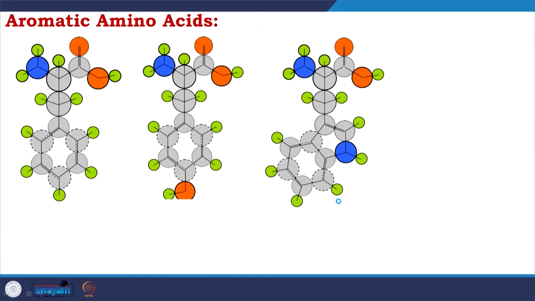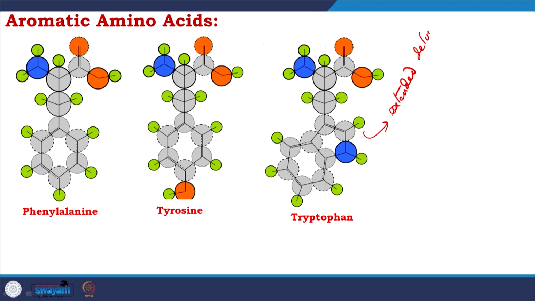Aromatic amino acids, we will talk about them later in detail, but they all have an aromatic ring, whereas tryptophan, having 2 rings, has extended delocalization, and that is the reason tryptophan is used as an intrinsic fluorophore.